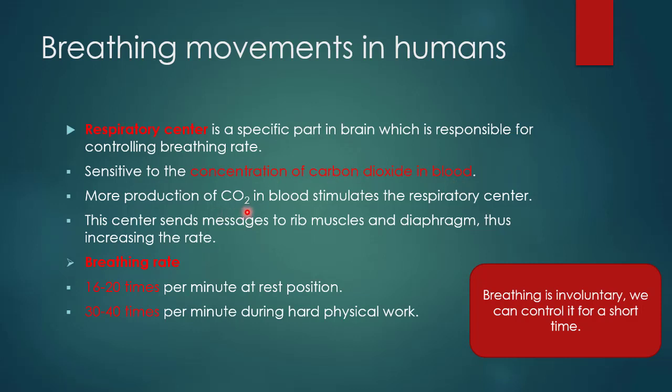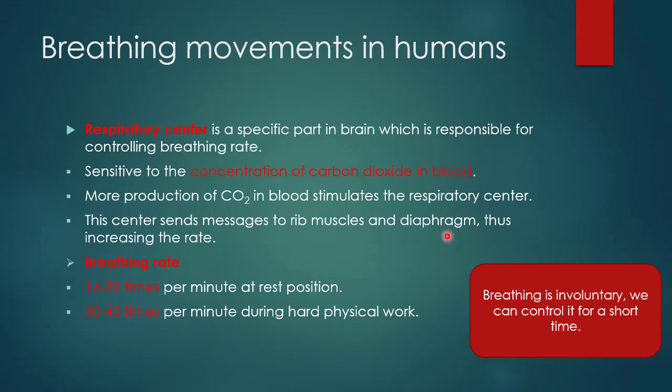And as there is more production of carbon dioxide in blood, it will stimulate the respiratory center in our brain. अब ये respiratory center क्या करेगा? It will start sending messages to the rib muscles and diaphragm, thus increasing the rate. क्योंकि rib muscles and diaphragm, they will both contract and relax faster, and this will increase the breathing rate in humans.